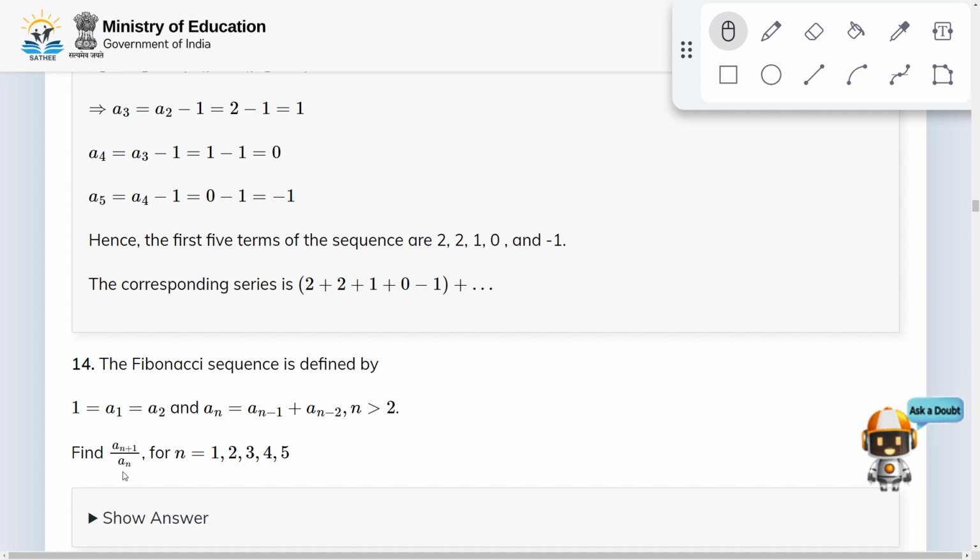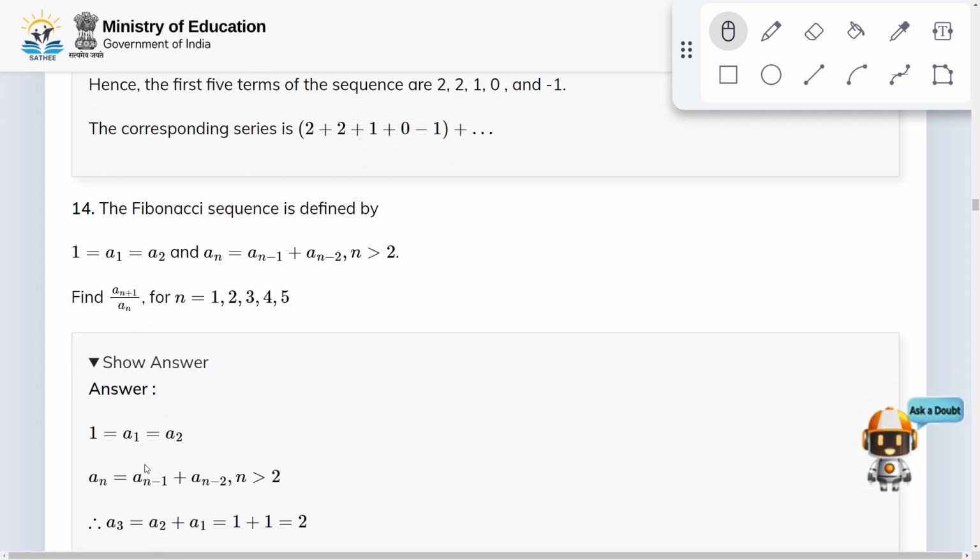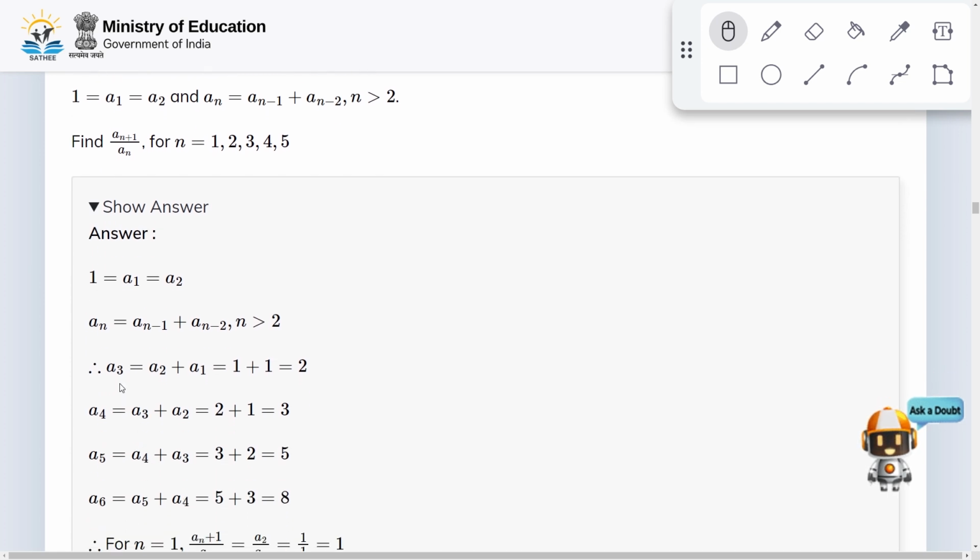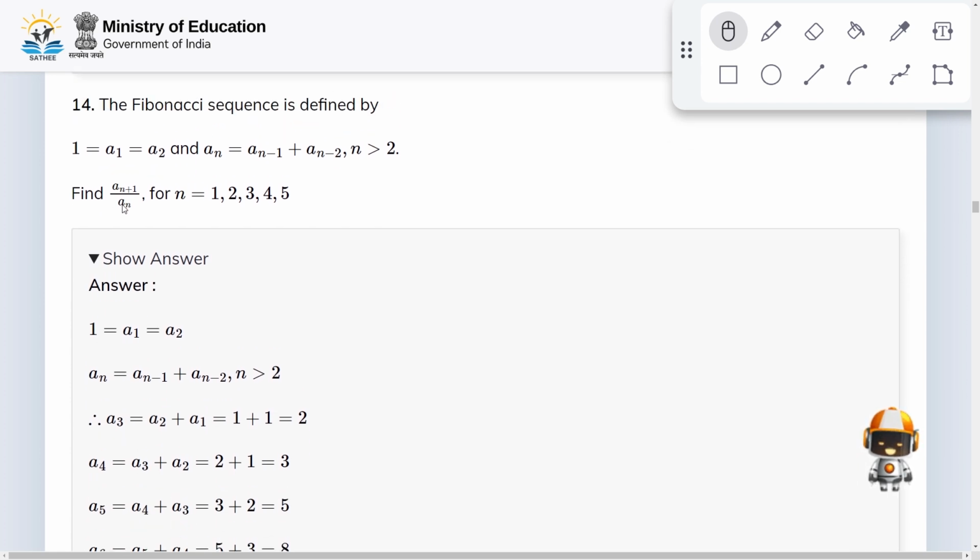You have to find this ratio for n equal to 1, 2, 3, 4 and 5. Quite simple. In order to find the ratios, we will first find the terms we will be using: A1, A2 already given, and A3, A4, A5. These terms we will find first.